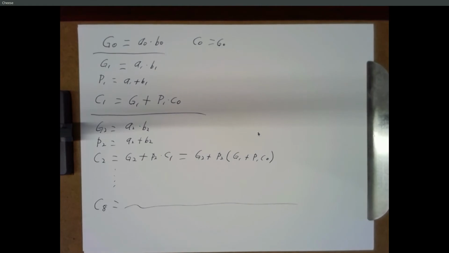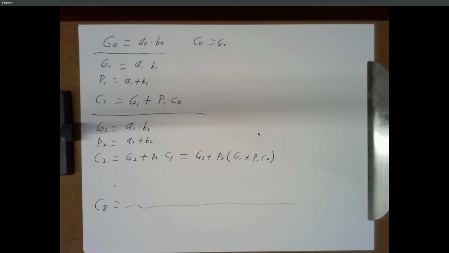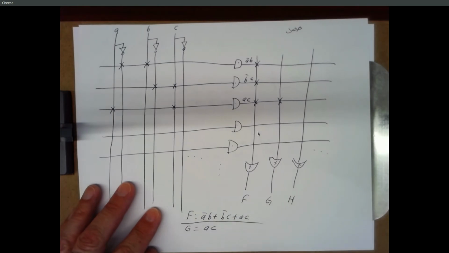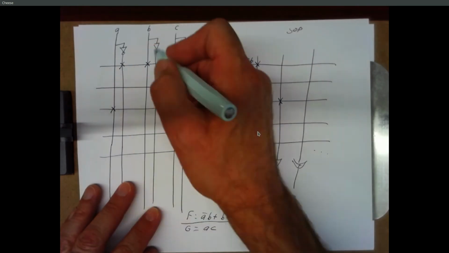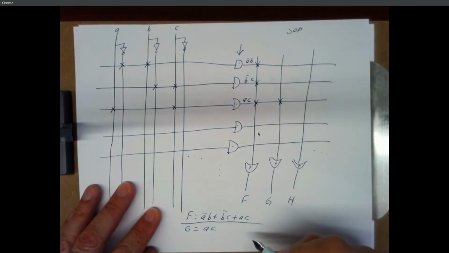Sum of products, how many propagation delays does it take to do any sum of products expression? Whatever this expression is, you set up your inputs, and it has to go through an AND gate. That takes a propagation delay.